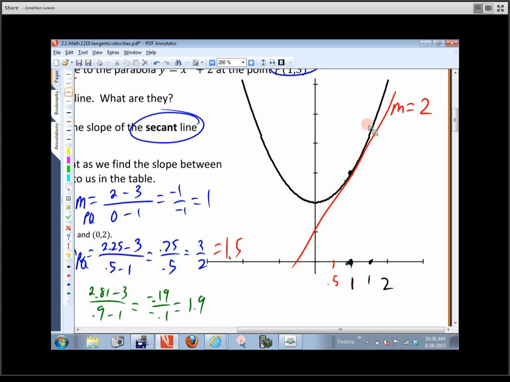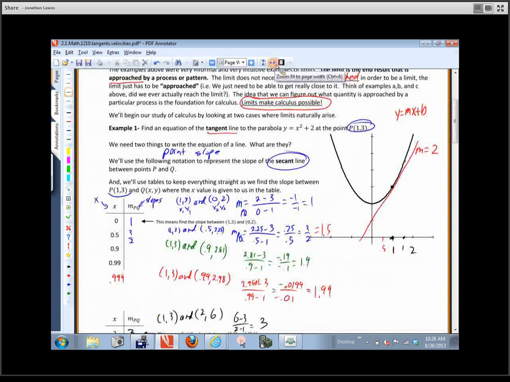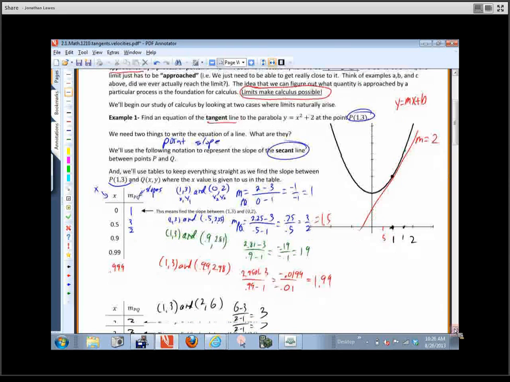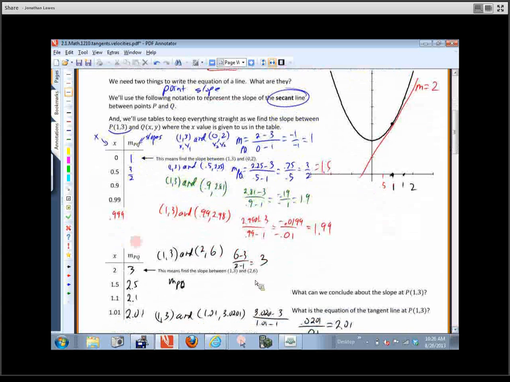So what is our guess as to the slope of that line? Do we have pretty good confirmation that coming from the left side as we approach 1, the slopes get closer and closer to 2, and coming from the right side, the slopes also get closer and closer to 2? They start smaller than 2 and get close to 2, and start bigger than 2 and get closer to 2. Does that make sense?